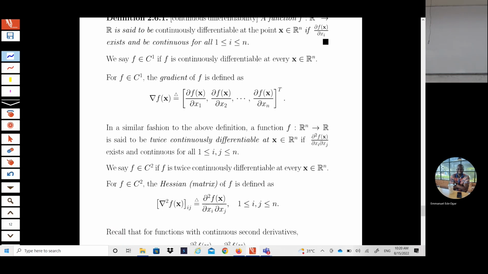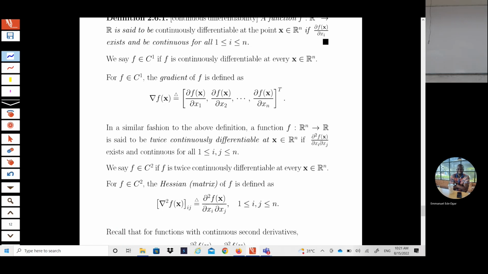So for the class C2, the superscript 2 represents how many times the function is continuously differentiable. Continuously differentiable means that after differentiating the function, the derivative is a continuous function, and this is what we call continuously differentiable.